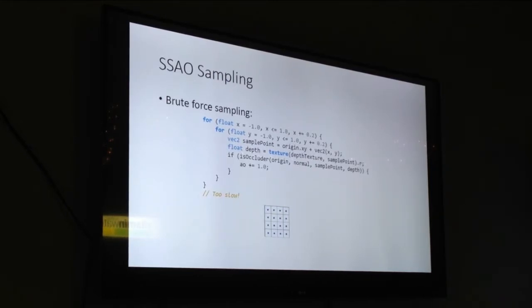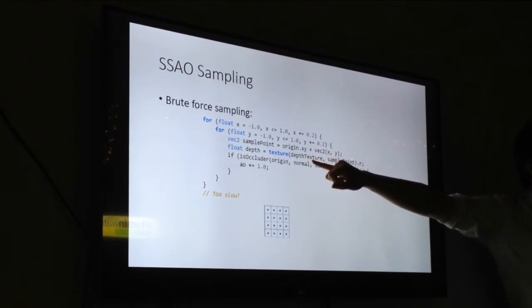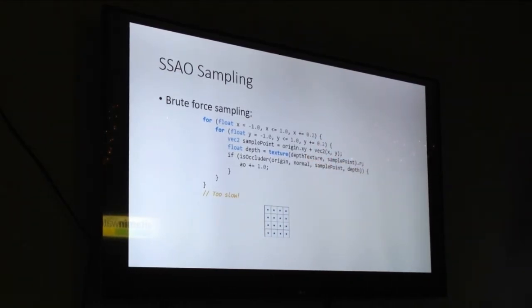The easiest way to look around is to just do two for loops. For every x, for every y in your box, read the texture at that point. This is my current pixel, this is the position of my current pixel.